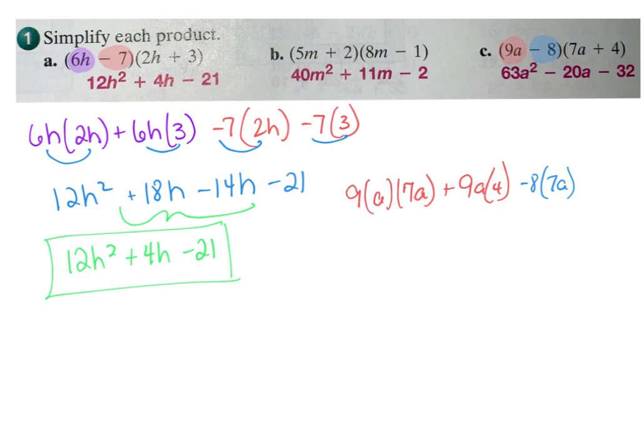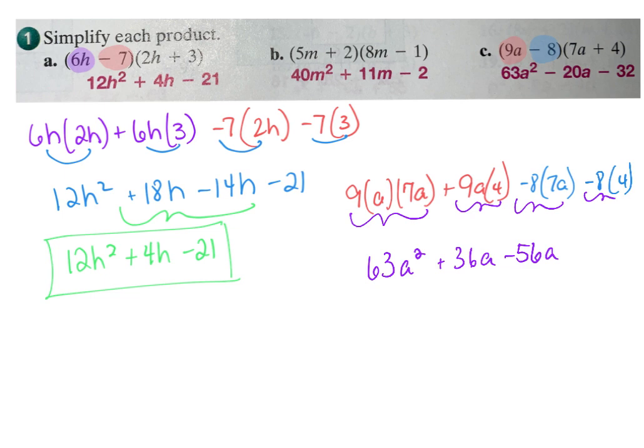A negative 8 times 4. And then you are going to simplify. So this becomes 63a squared, 36a, negative 56a, negative 32.